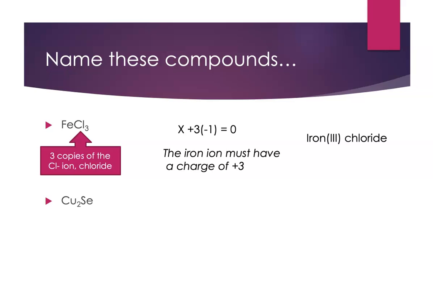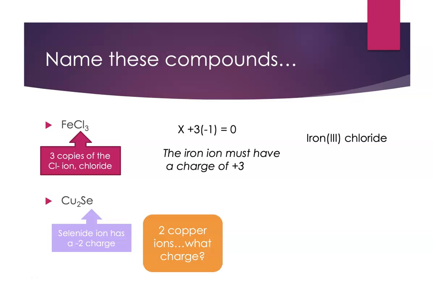Let's do another example. Cu2Se. So I see here that I've got 2 copper ions. I've got 1 selenide ion, all right? And I know that the selenide ion in group 16 has a -2 charge. And I have 2 copper ions, and the sum of all the charges in the compound has to be 0.